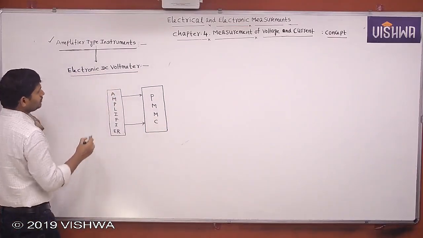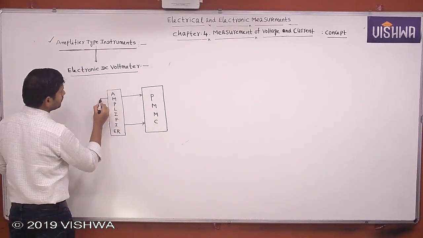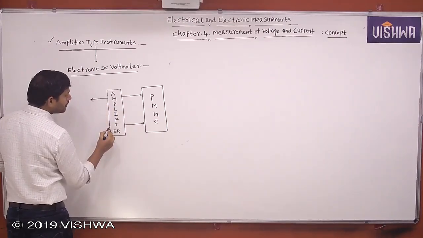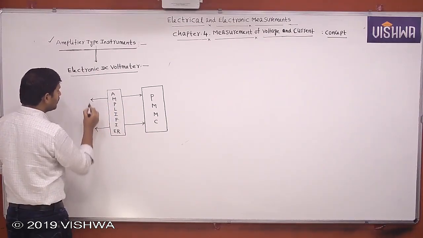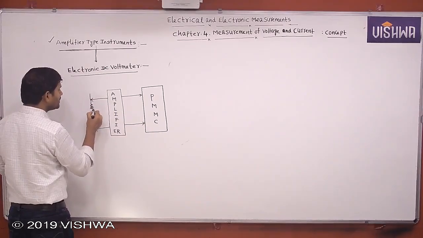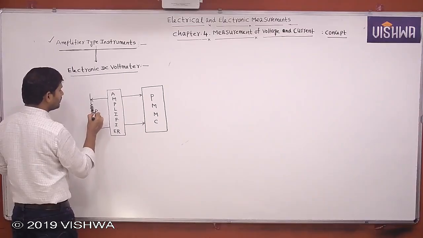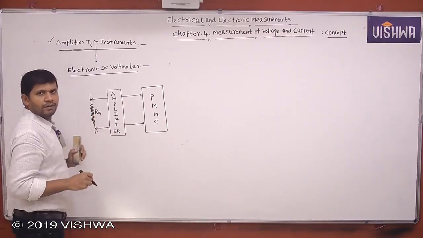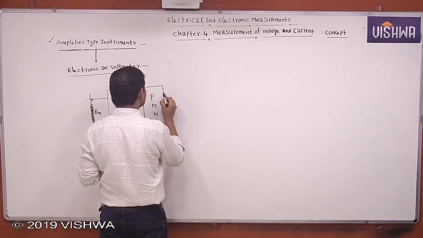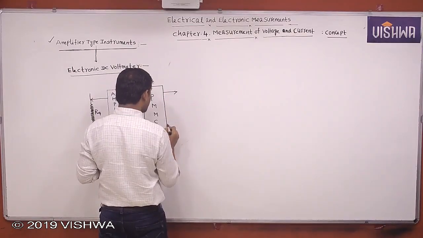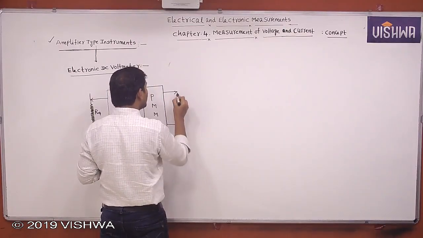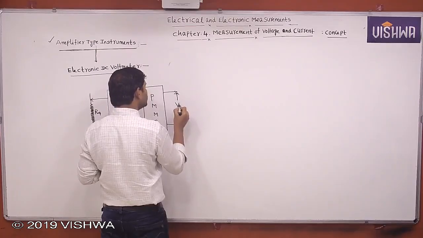This total combination is used to measure the voltage across high resistive loads to reduce the loading effect. Then what does the PMMC measure? This PMMC measures the average value. Again, there is no need to convert to RMS value.